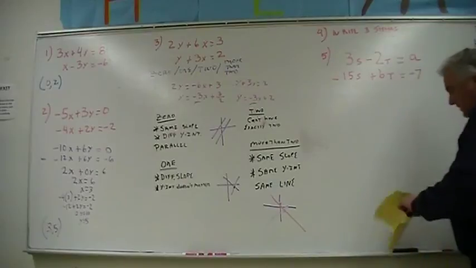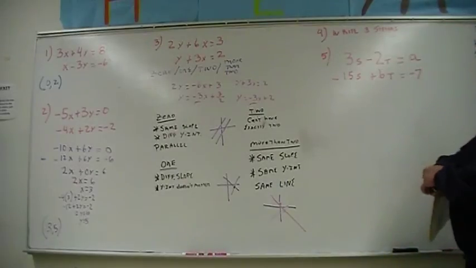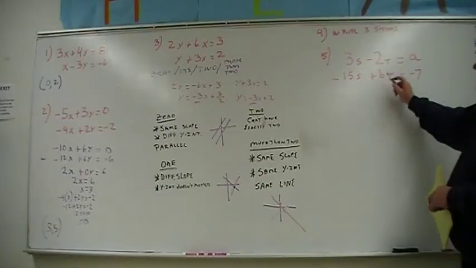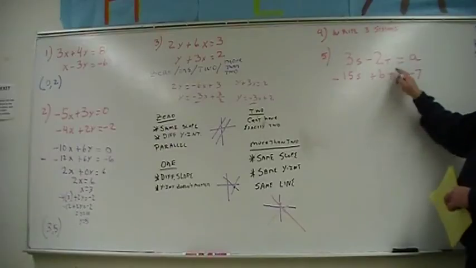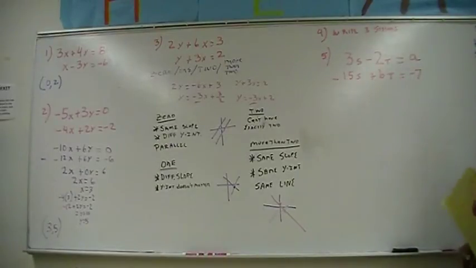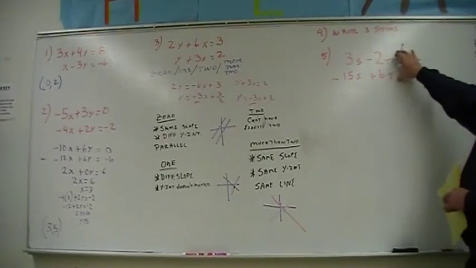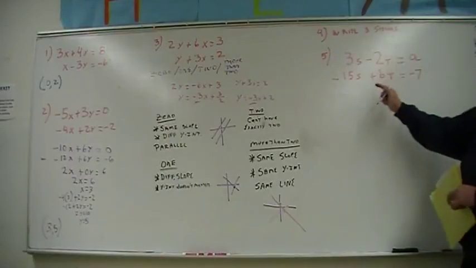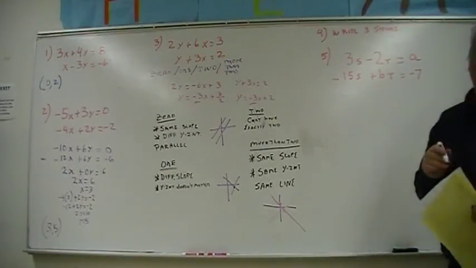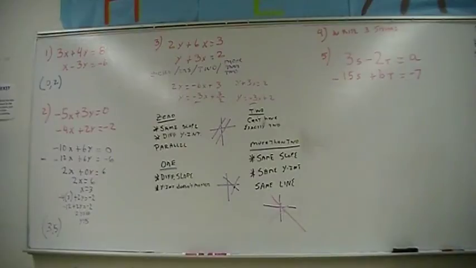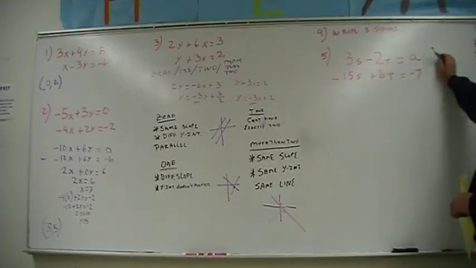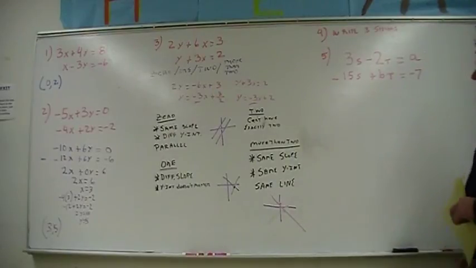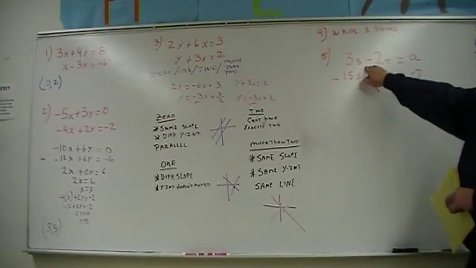To solve number 5, the question says, what's the value of A is what we're trying to find. A and B are constants in this system, and it has an infinite amount of solutions. I didn't write that right here, but I did write it on the board when you took that down in class. So the condition is an infinite amount of solutions, which means it's the same slope and same intercept, same line, everything has to be the same.